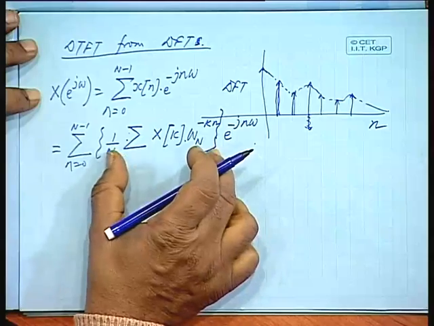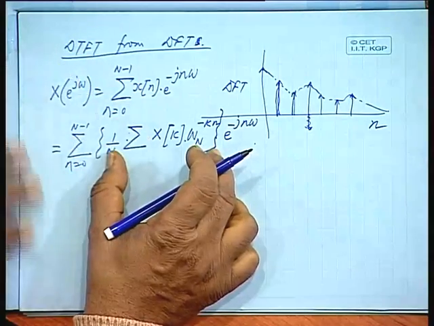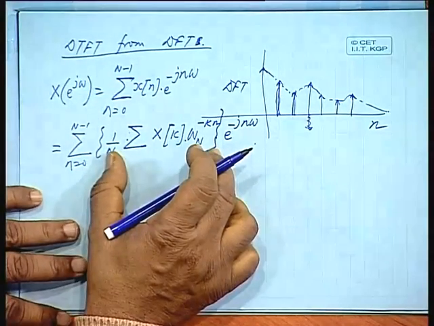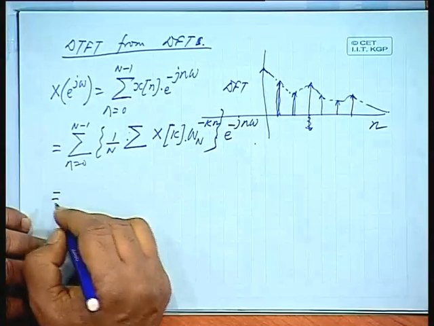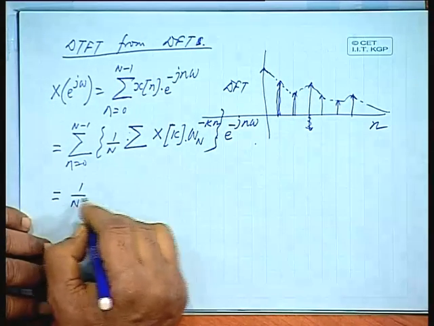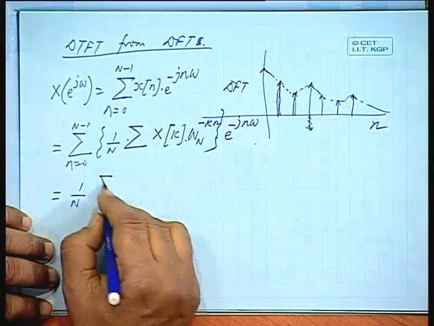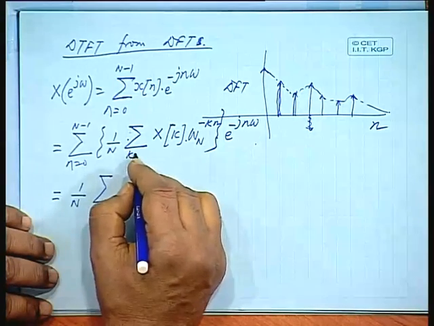This is for x[n] from the discrete domain, is it not? I can take 1 by N outside, this is summed over k.